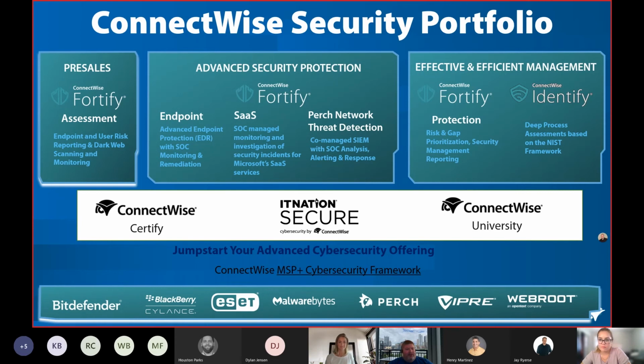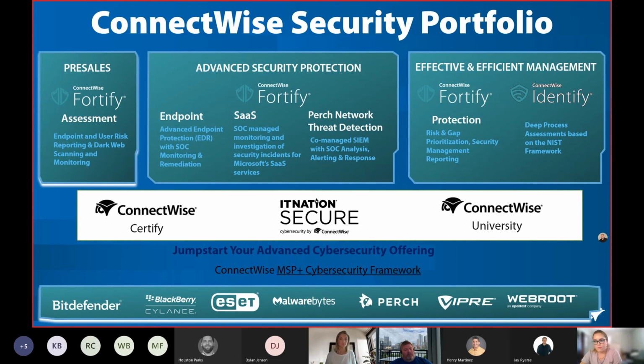A lot of times partners offered an antivirus and a firewall, maybe DNS protection, but those foundational, what we now consider basic fundamental things, that's what a lot of MSPs, as recently as a couple years ago, thought cybersecurity was all about. And they weren't educated to know the more advanced things and types of attacks that are happening nowadays.